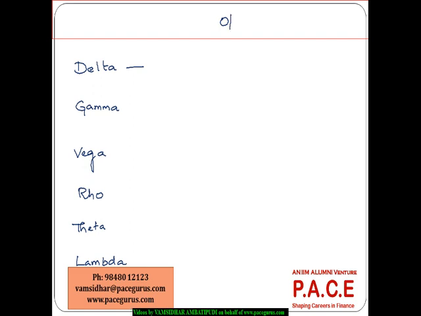Probably the best thing is I look at it with respect to the option. We know that option price is impacted by the change in the underlying asset price. Option price is impacted by the change in the strike price.